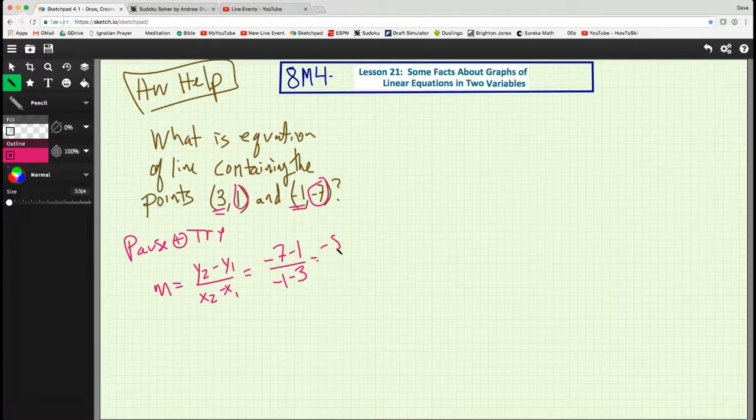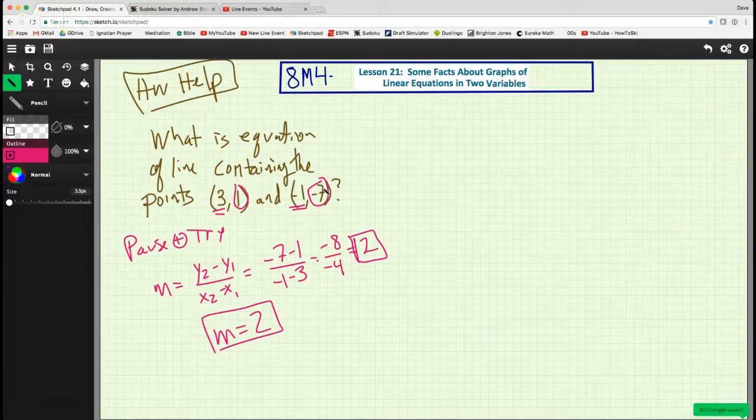So up here we have -8 over -4, and so that equals 2. So our slope is 2. Our m equals 2. Now we can plug either point into this equation to find our b.